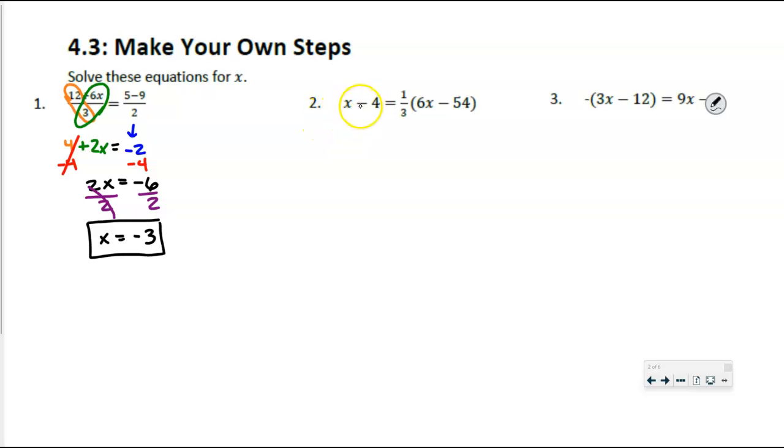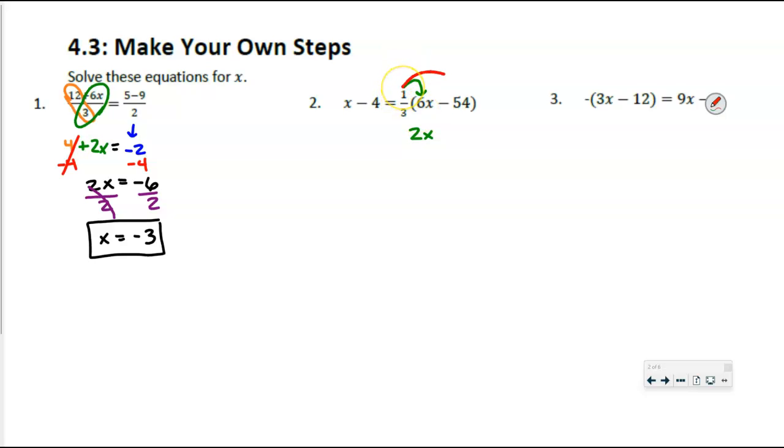Number 2, I have x minus 4, which is equal to 1/3 of a group of 6x minus 54. Again, it might seem intimidating in the beginning, but if we just take the time to simplify before we try and solve, it's going to look much easier. I can't combine x and minus 4, so that is already simplified. But I can distribute the 1/3. 1/3 of 6x is 2x.